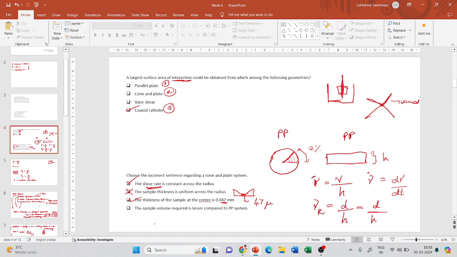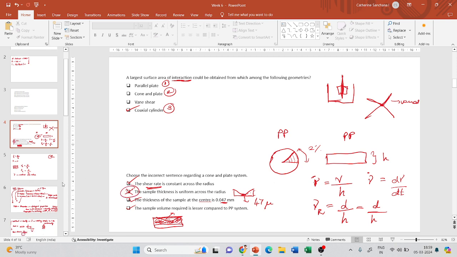Because if the diameter is the same, this much sample is required for a parallel plate system, whereas a portion of this is occupied by the cone for a cone and plate system, and the sample required is only this much. This much sample is saved. So this is also correct. Okay, so the answer to this is the sample thickness is uniform across the radius.